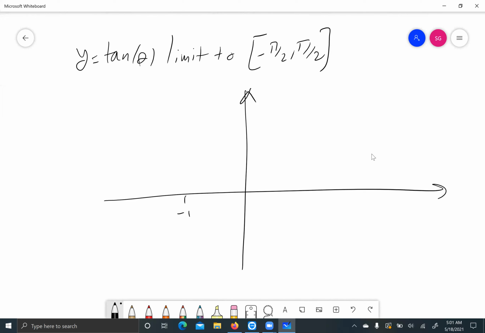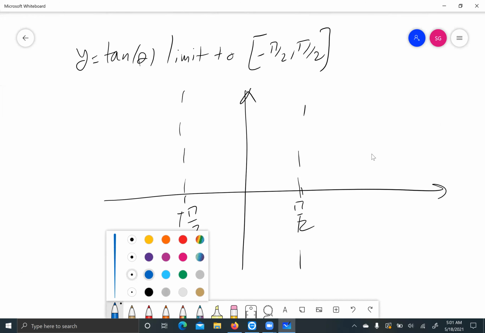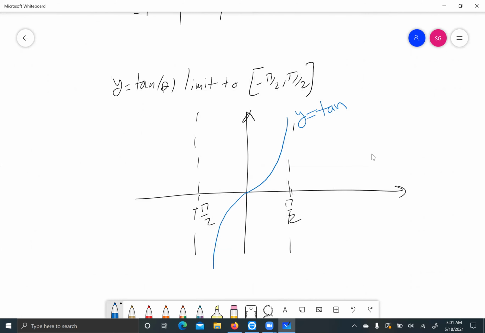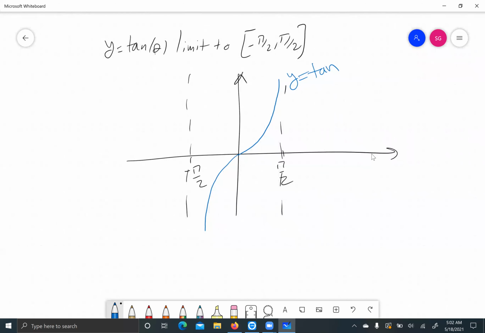It has a vertical asymptote at these two, and the graph is like this, right? This is the graph of tangent.